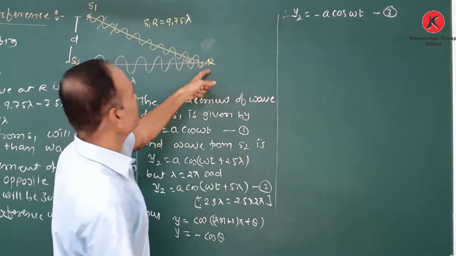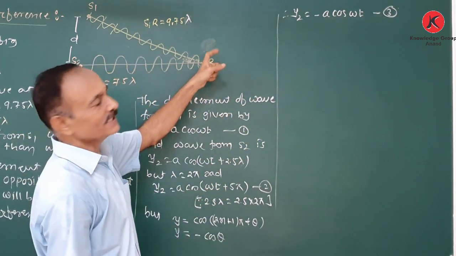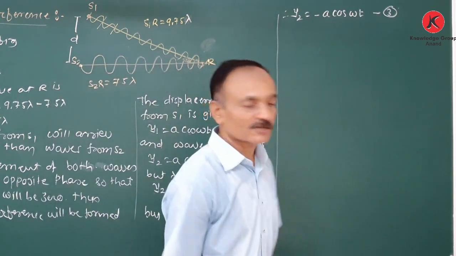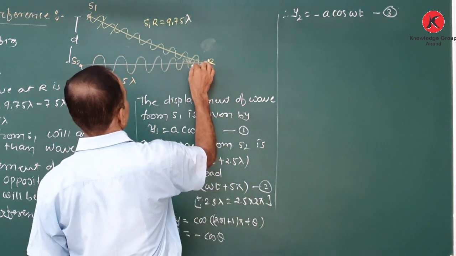That means at point R, the crests are not superposed.